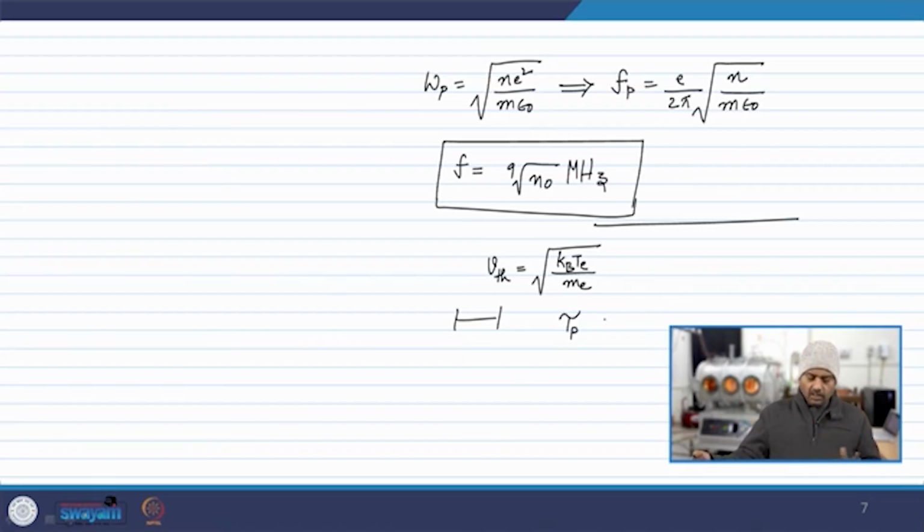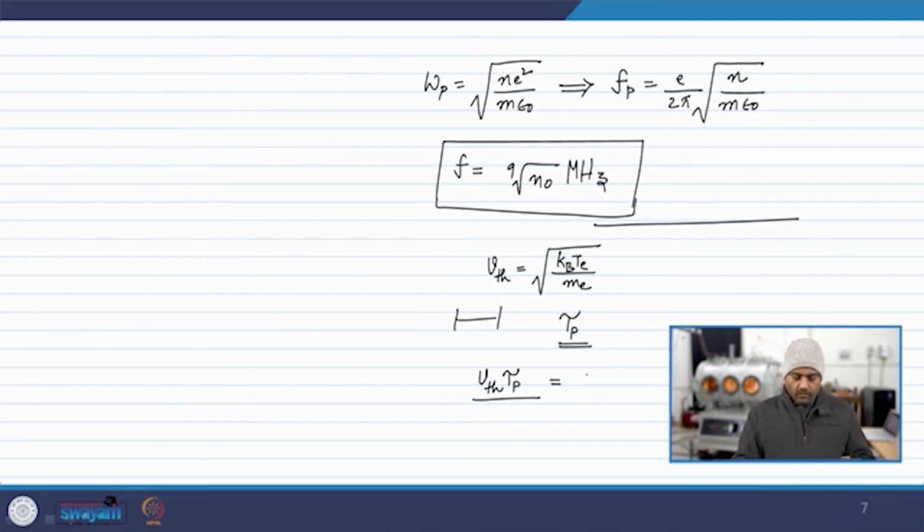There is a frequency, so there is a time period, right. Now, the distance travelled by the electron, by the particle in one period, because you know the velocity, the distance would be V_th times tau_p. This is something, right.